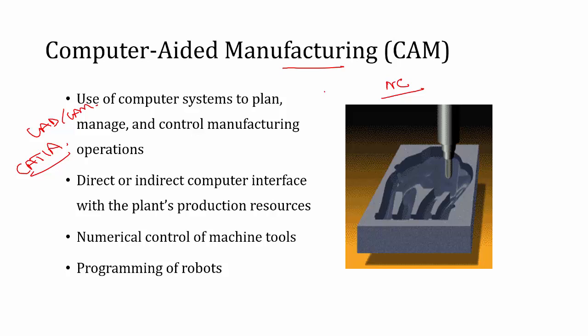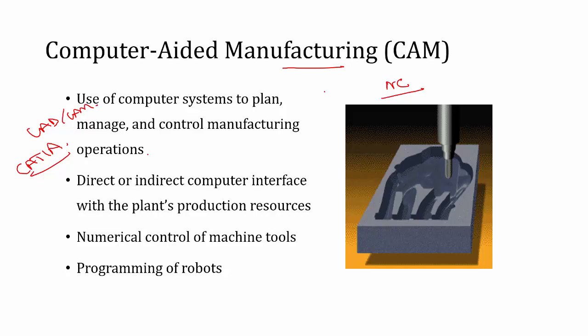Once after completing the modeling, you can generate the CNC coding or milling coding from the software. You can directly copy the code and enter it in your CNC machine or your VMC machine, and the machine will perform its operation. Also you can visualize the working in your software itself. That is the advantage of computer aided manufacturing.